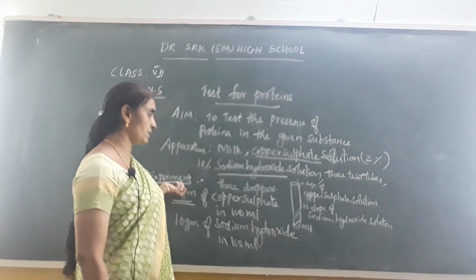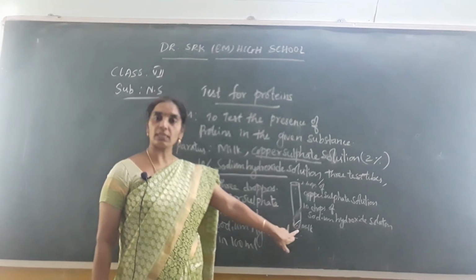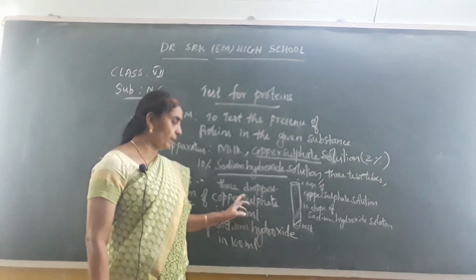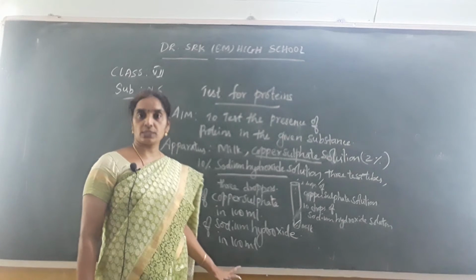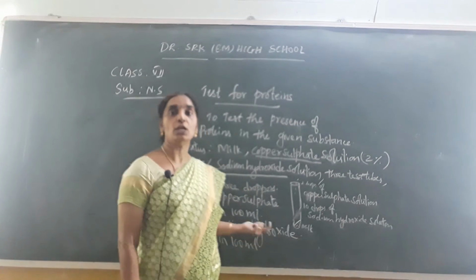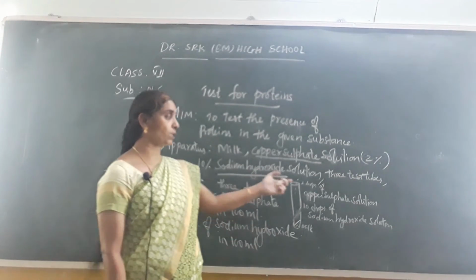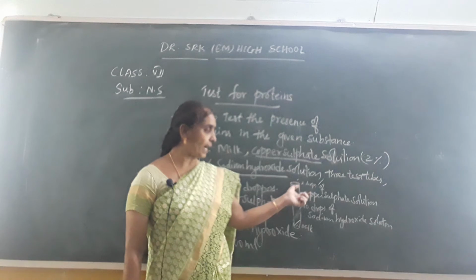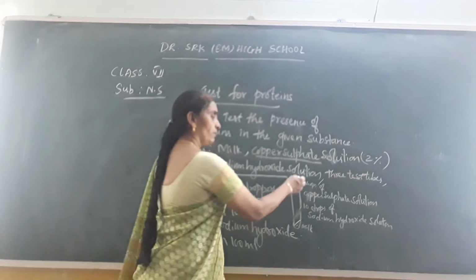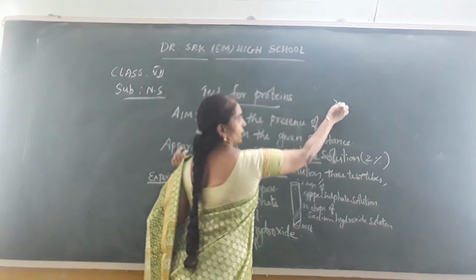In the experiment, you are taking milk in one of the test tubes and adding the prepared copper sulfate and sodium hydroxide solutions. You are taking 2 drops of 2% copper sulfate and adding it with the help of a dropper. Did you ever see a dropper, children? Hope you have seen this.